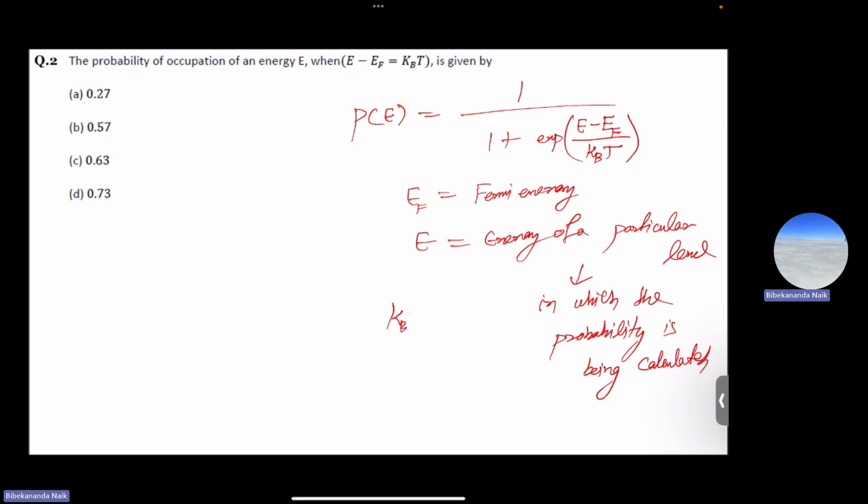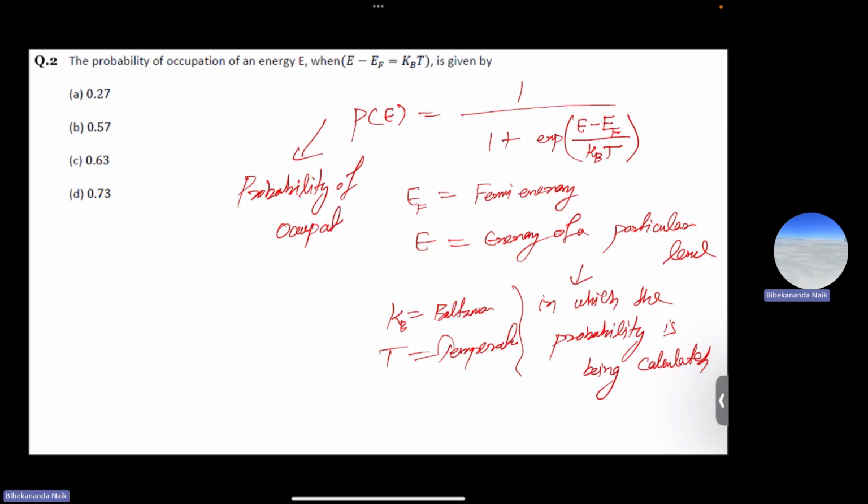Kb, we all know Kb is Boltzmann constant and T is the temperature. This P is the probability of occupation. So these are the four options.